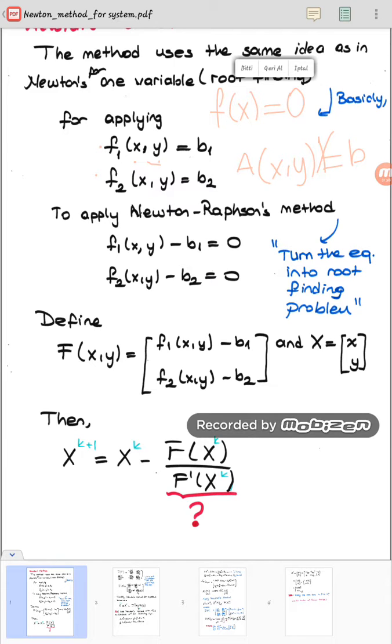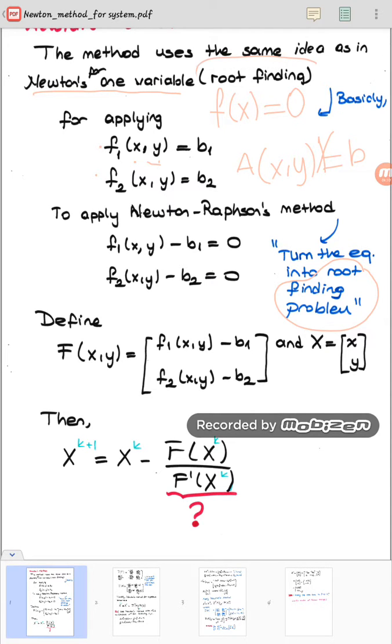So to apply the Newton-Raphson method, we have discussed that f1 minus b1 will give you 0, and f2 minus b2 will be 0. Why did we discuss it? As you know, we turn it into a root finding problem. This is so important, because we know that Newton's method is used for root finding.